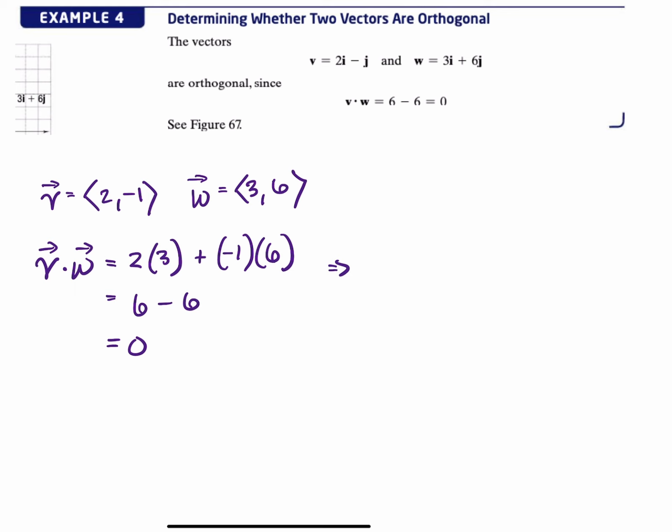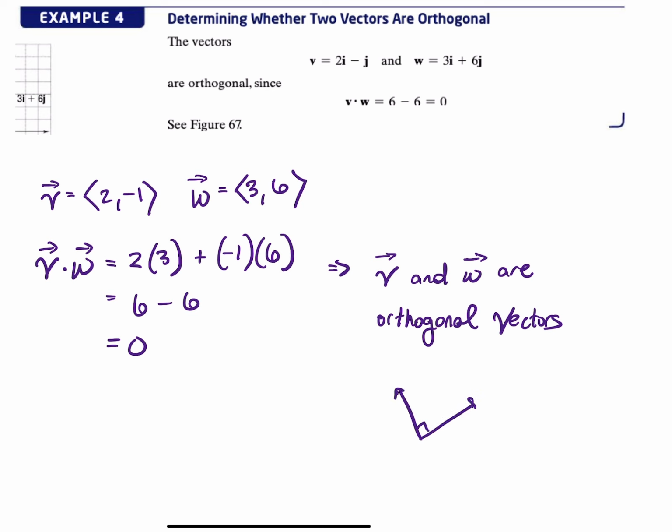So therefore we can say v and w are orthogonal. The angle between them, however they're oriented, will be 90 degrees.